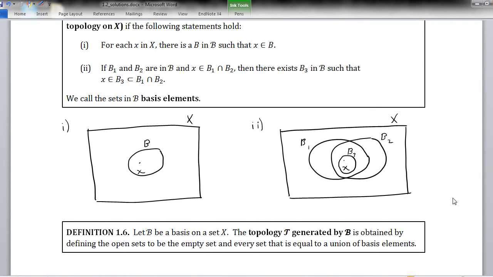Okay, so in that situation, we say the topology T generated by such a collection B is obtained by defining the open sets of T to be the empty set and every set that's equal to a union of basis elements.